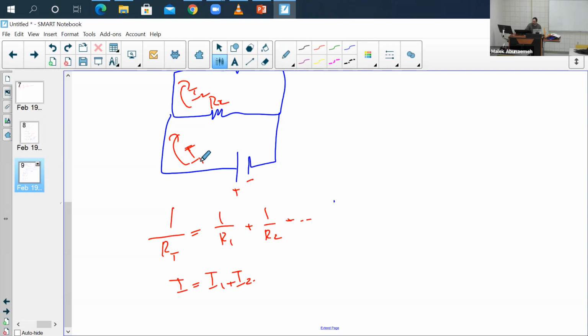So this is your I, regular I, and this is going to split into I1 and I2. So your current equals I1 plus I2, which equals V over R1 plus V over R2, plus, if you have multiple ones, V multiplied by 1 over R total.